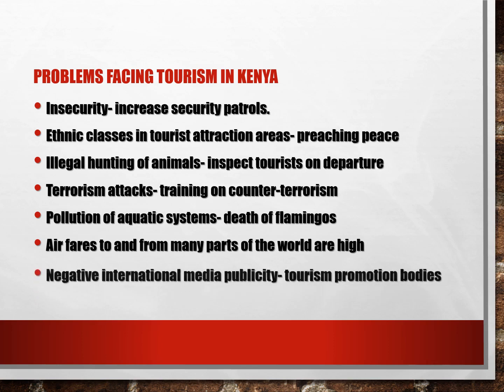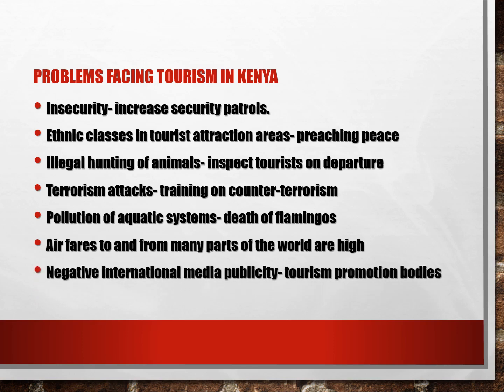Then we have negative international media publicity. This is a serious problem, and I'll show you, in the next slide, some of the messages that we have received which have discouraged a lot of tourism. And of course, we should encourage promotion so that people don't think that Kenya is an active war zone. We are a peaceful country. We live peacefully.